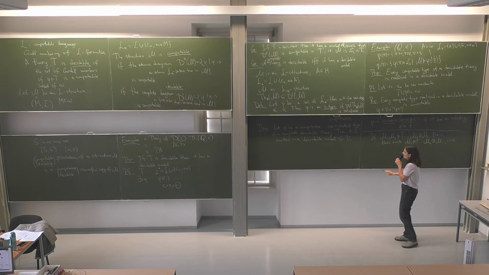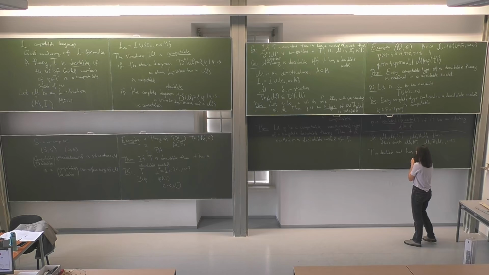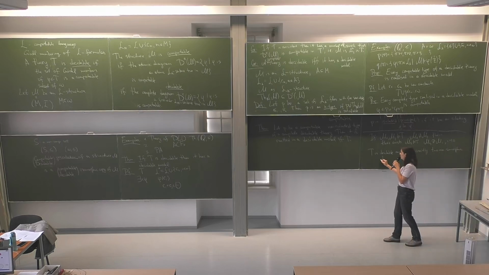It might be the case, and we will consider an example next time, that T is decidable and has exactly two non-isomorphic decidable models.